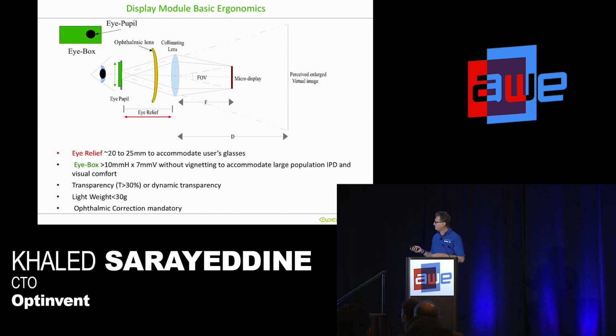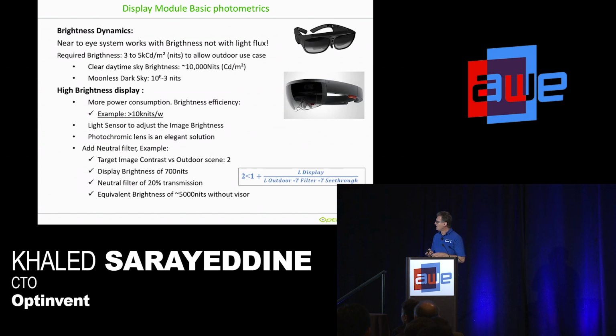So now the other requirement regarding the photometry, which means the brightness. In this system, we are not talking about a projector where the light flux is in lumens. Here we are talking about nits. It means we need to have the right value for brightness in order to use these devices outside and inside.